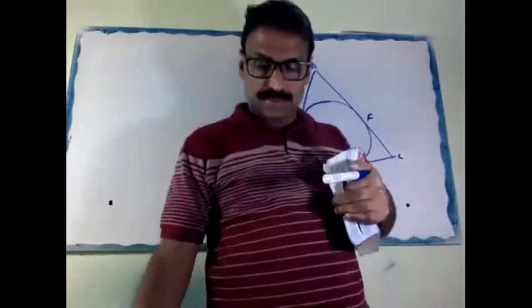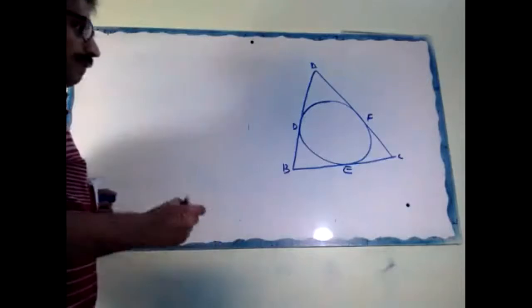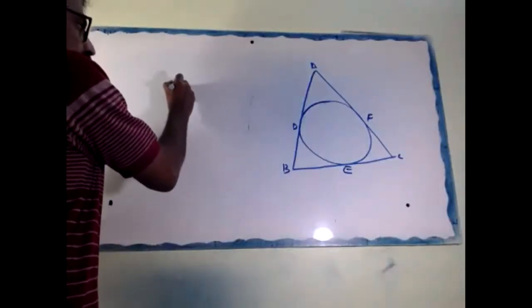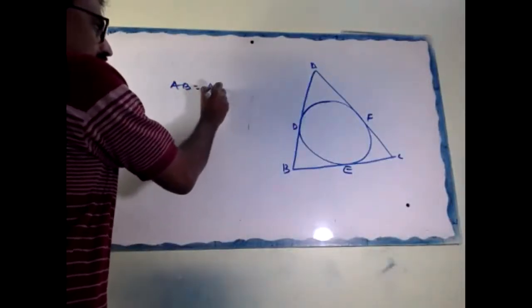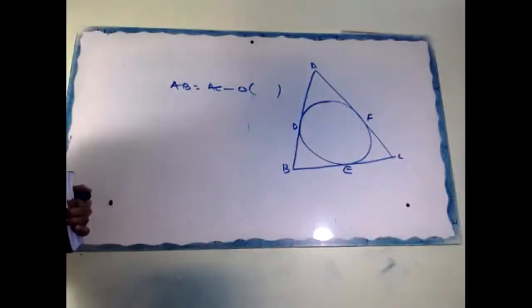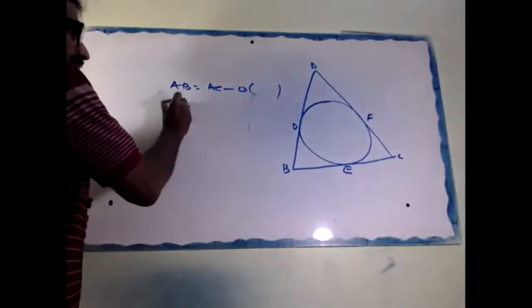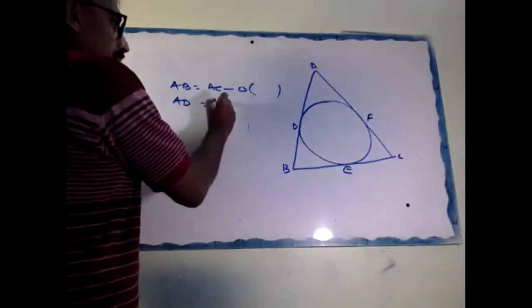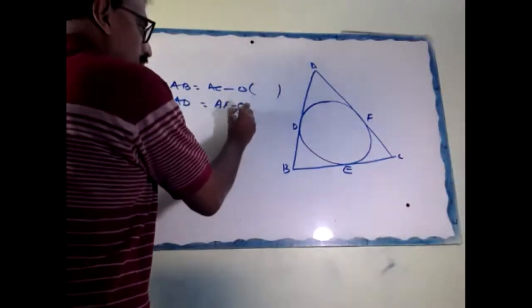Look here. Listen. AB equal to AC, number 1, given. AD equal to AF, number 2.